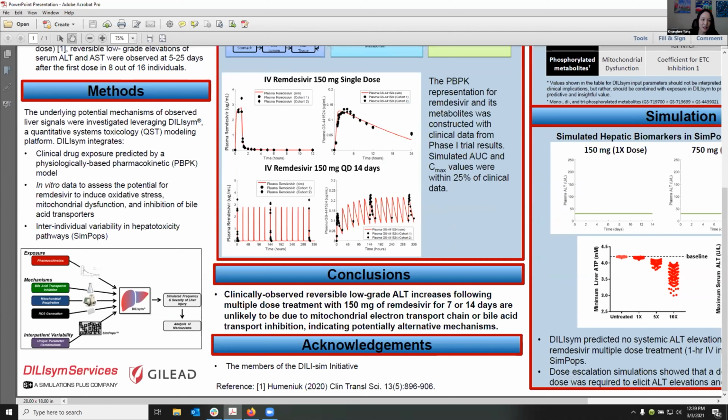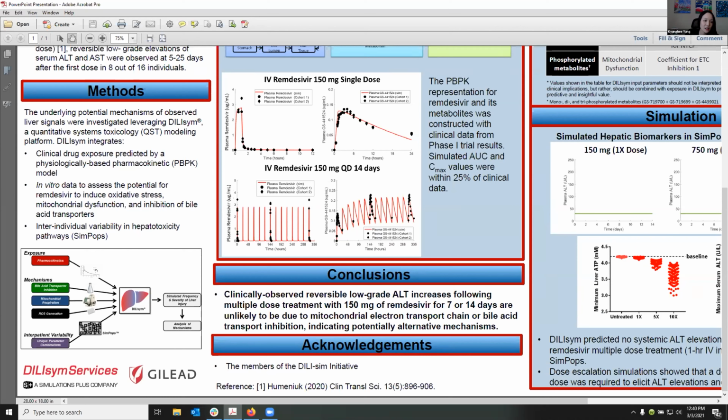In this project, we collaborated with Gilead and performed quantitative systems toxicology modeling using the DILIsym platform to really understand and investigate the mechanisms underlying the observed liver signals in healthy volunteers. DILIsym represents the biochemistry and liver homeostasis and the key mechanisms underlying hepatotoxicity.